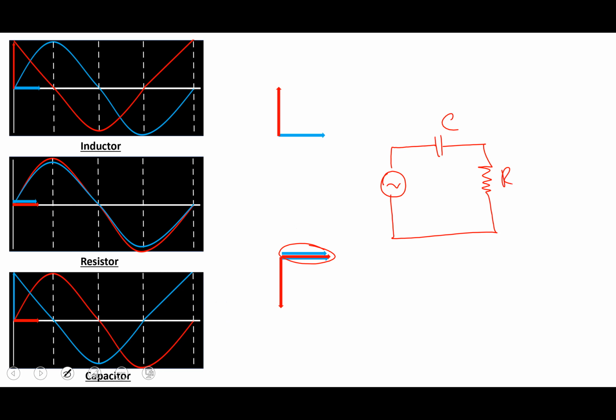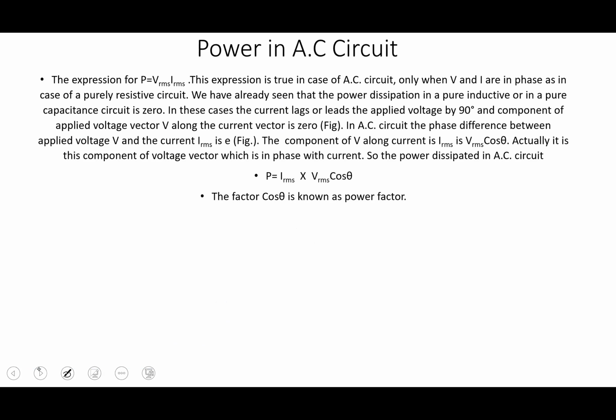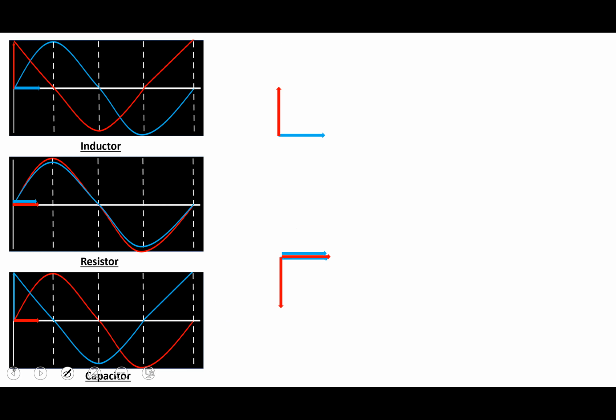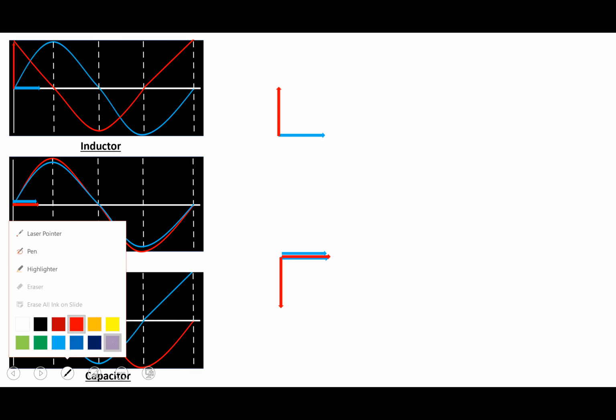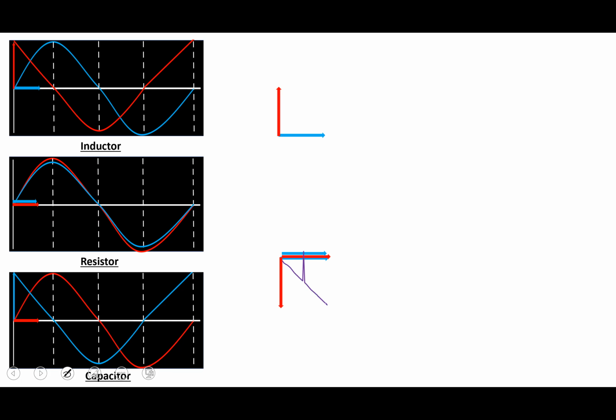But what will happen in this condition? Now, let's say if we again draw the resultant of these two vectors, let me draw it again. This is Vrms for this case, let's give them a name.